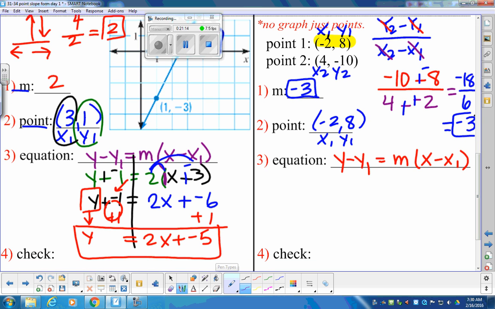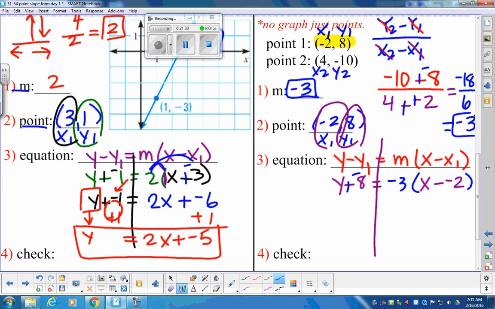Substitution kicking in. So we have y, stop sign, minus my y1 value is 8. The slope, negative 3. And then we have x minus x1 is negative 2. I said no. We chopped that. I say lonely variable, and I say no on the inside.